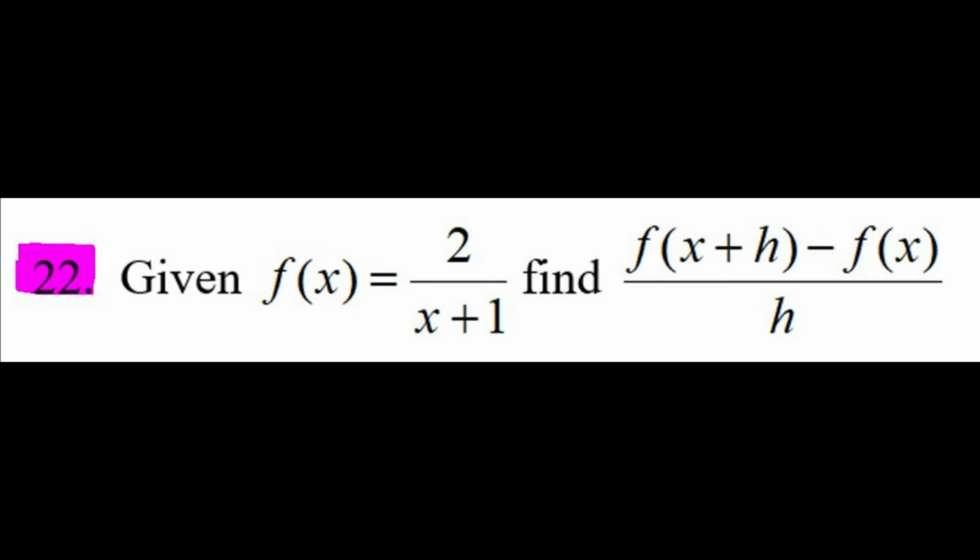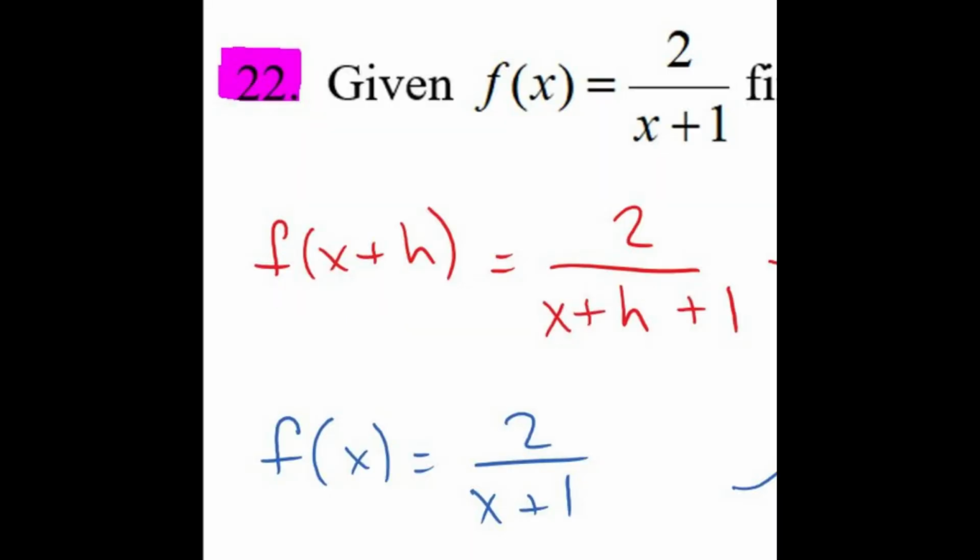Well, for this, they give us a function f of x, and they want us to find this thing on the right, and it's pretty ugly, and it's going to get tricky, but we can do it. So the first thing that I found was f of x plus h, which is here in red.